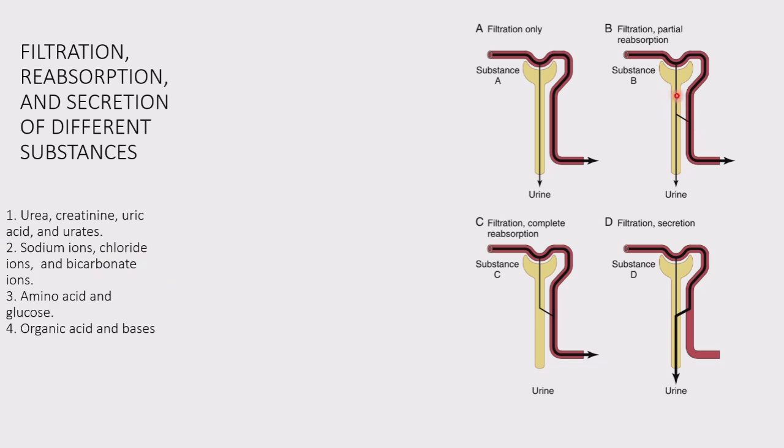That's why they appear in small amounts in your urine, as shown in letter B. Amino acids and glucose are completely reabsorbed, and thus they do not appear in the urine, as depicted in diagram letter C. For acids and bases, aside from filtration, additional quantities of these substances are also secreted, so they will be excreted in high amounts in your urine.